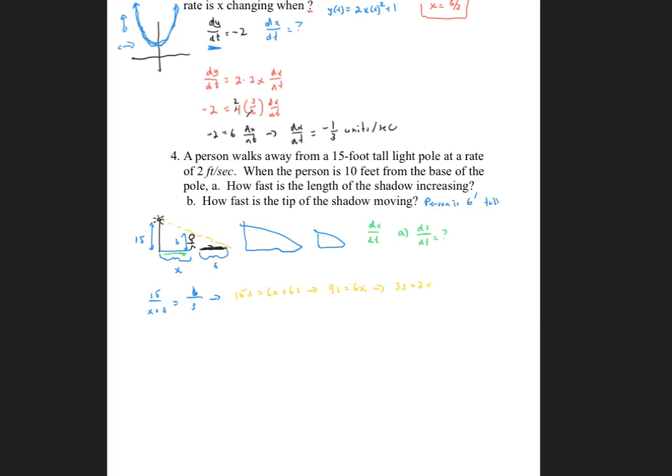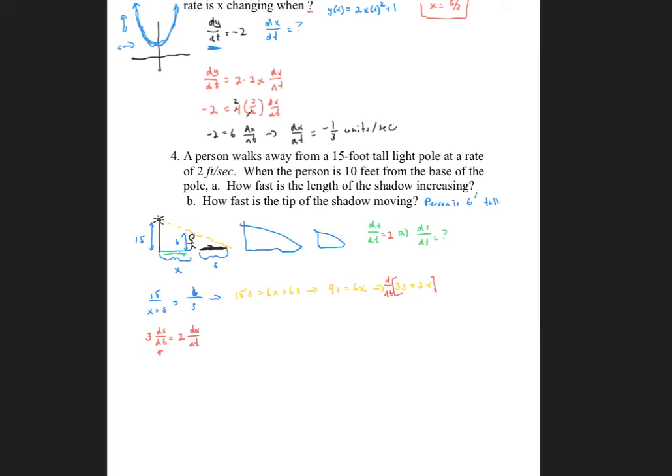Now both the s and the x are changing with time, so we can take the derivative of this with respect to time. And so we're going to get 3 times ds/dt is going to be 2 times dx/dt. We're looking for the ds/dt here, and we know that dx/dt is going to be 2, because he's going away from the pole at 2 feet per second.